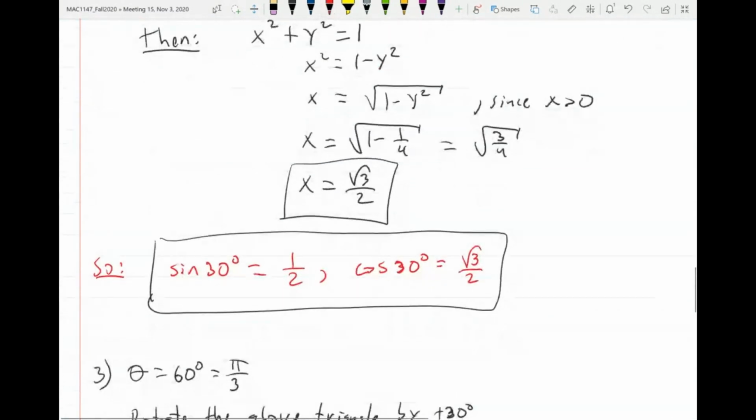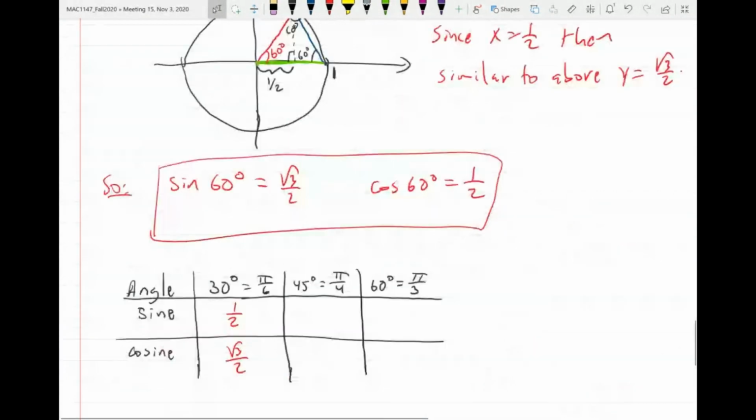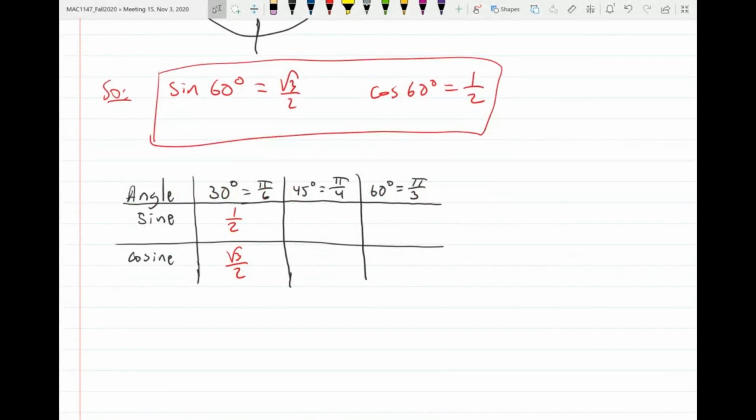Once again, that was something we figured out last time, doing a little bit of geometry. Then 45 degrees was the case of the isosceles triangle, so that one was very easy to figure out. The sine was square root of 2 over 2, and the cosine was also square root of 2 over 2.